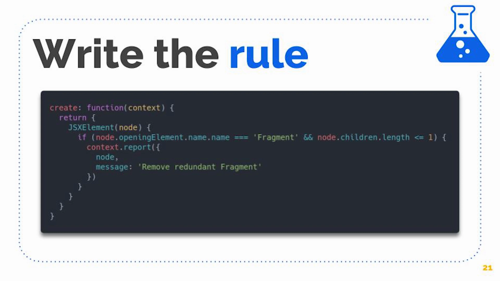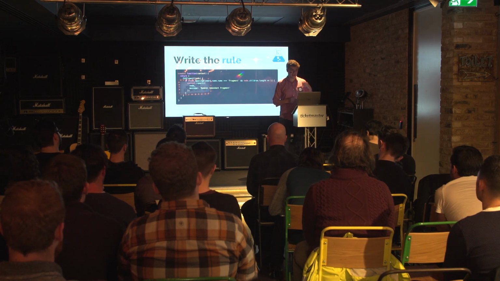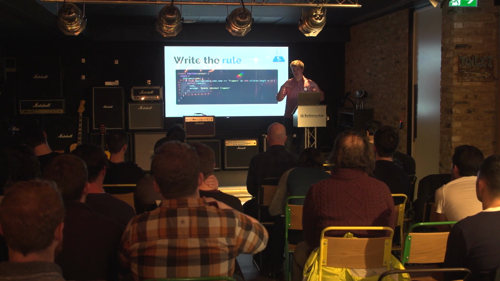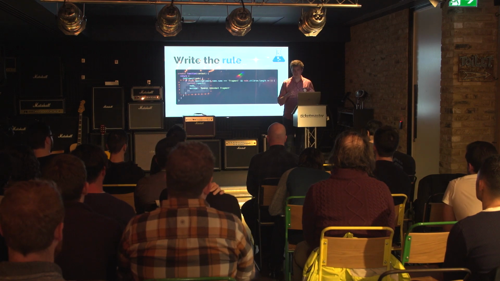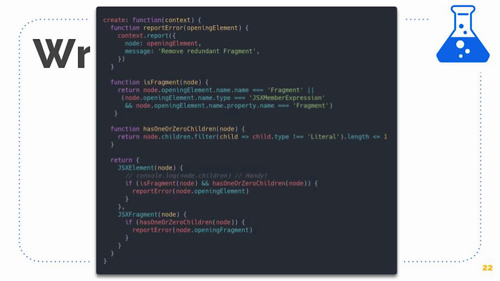And I've been using just the word Fragment for my fragments. You could also have that as React.Fragment or as the Babel shorthand empty angle bracket thing if you've got a recent Babel version. So if you handle all of those, you end up with something a bit like this.